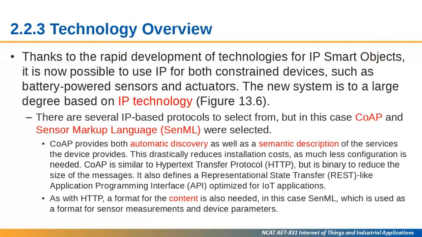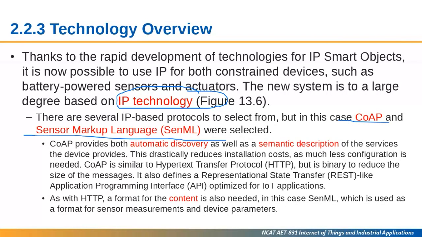In this case, they still stick to the IP technology. We have mentioned the importance of IP many times. There are several IP-based protocols to select from. In this context, we use CoAP and also Sensor Markup Language.